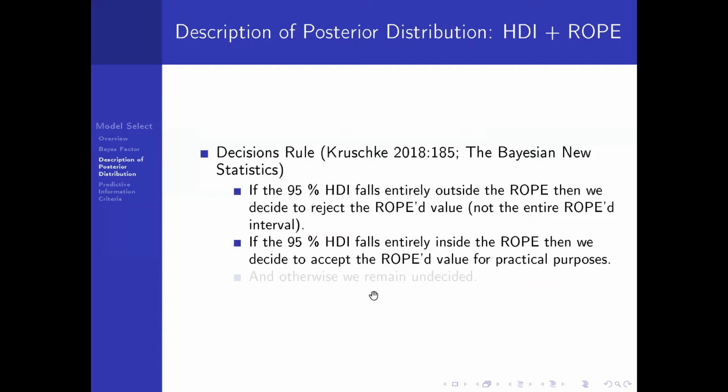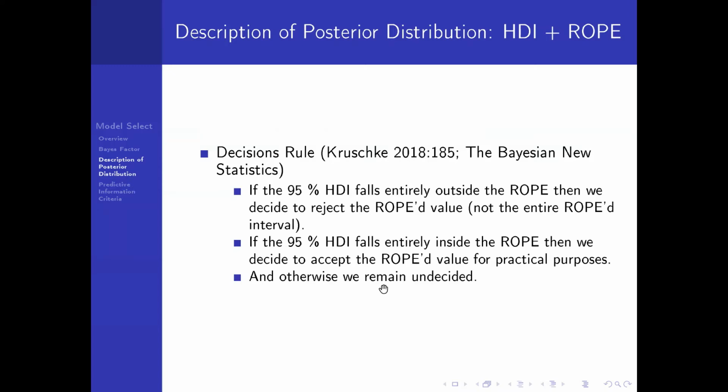Well, if the 95% highest density interval falls entirely inside the ROPE, then we decide to accept the ROPE value for practical purposes. And people say, what about, not entirely, let's say 50% of the 95% highest density interval falls inside the ROPE?